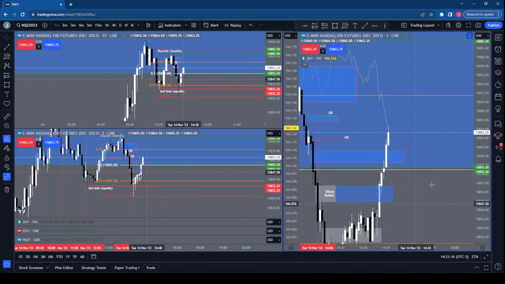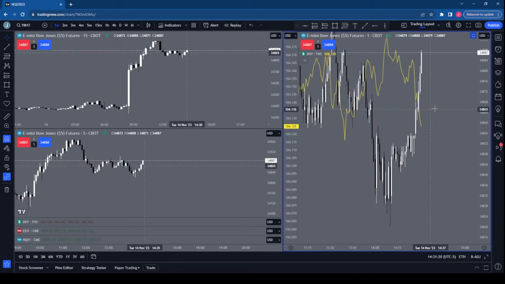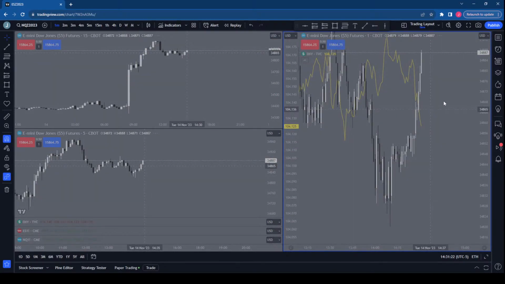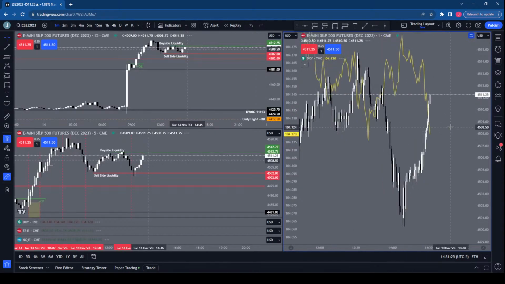Let's look at ES. That's the Dow. Yeah, ES is just straight back up.